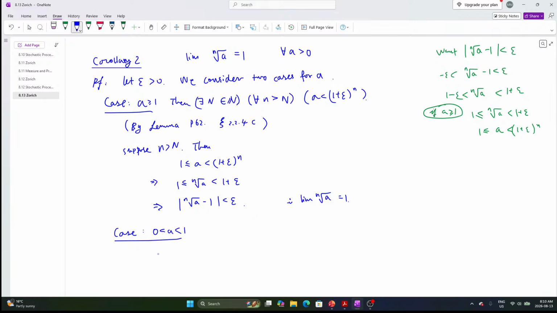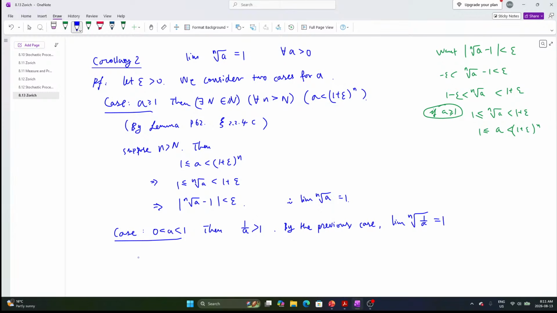So actually now we don't need to start from scratch and redo the epsilon big N argument, because you can just consider the reciprocal. And here 1 over a is greater than 1. So by the previous case, you can apply the previous case for 1 over a. The limit of the nth root of 1 over a is 1.